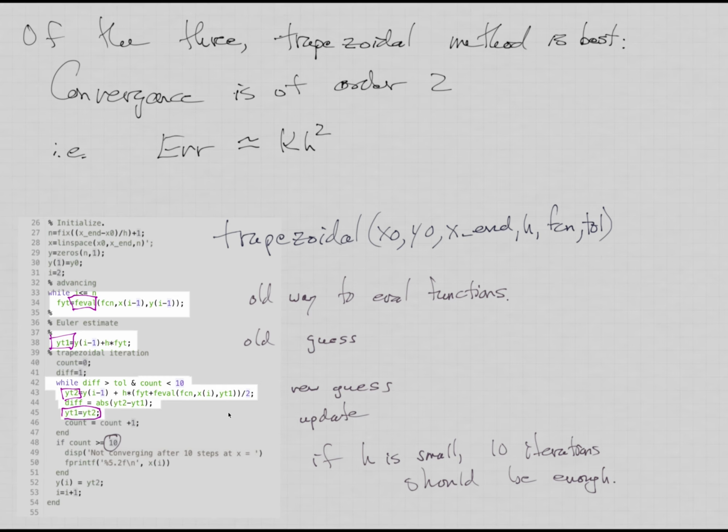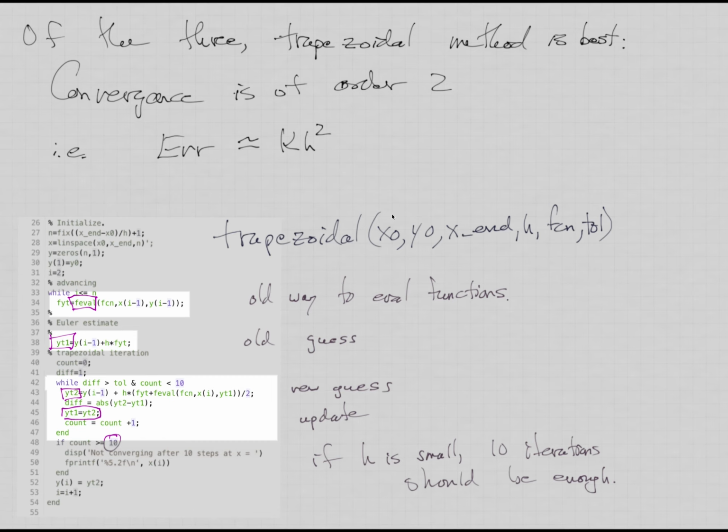Then he exchanges the two values. The old one becomes the new one, and the new one is free to be updated the next time around the loop, and he updates the count. Okay, so it's very similar to the root finding algorithm we used back at the beginning of the semester, right? Just iterating and checking to see when the difference between successive approximations is below the tolerance, right?